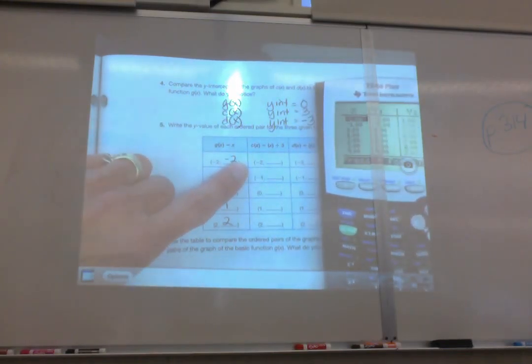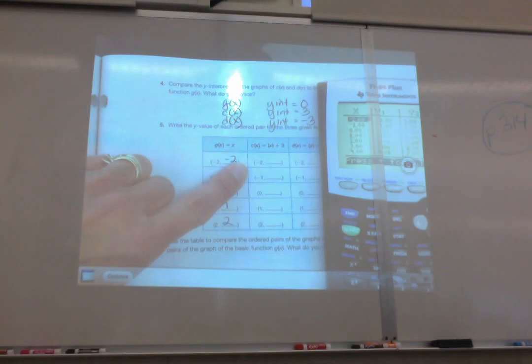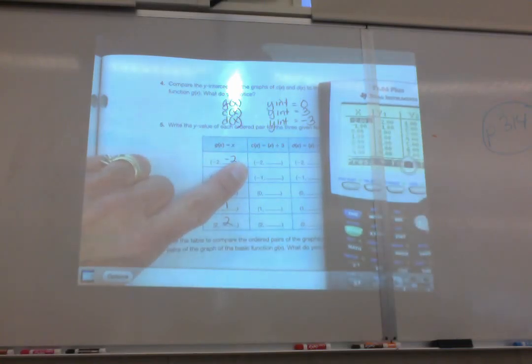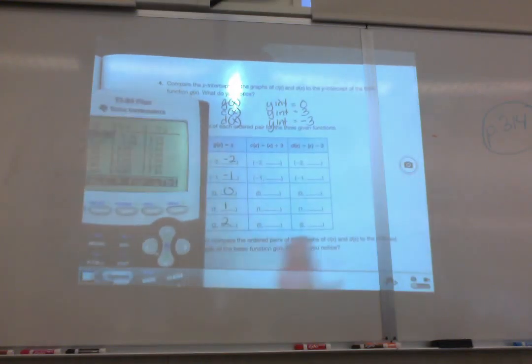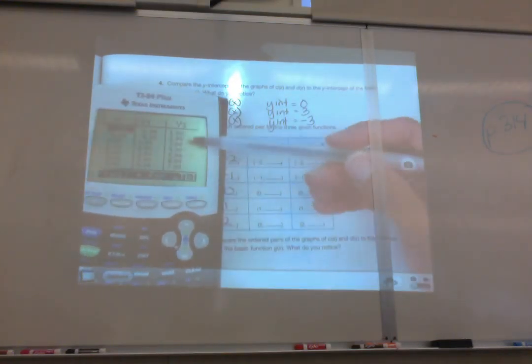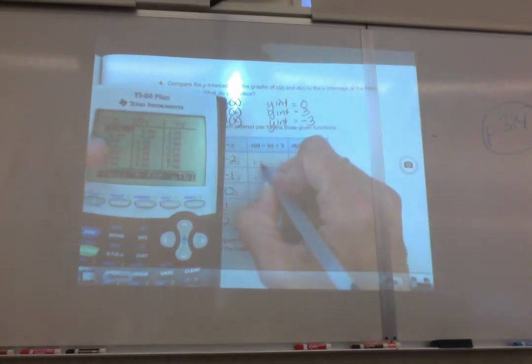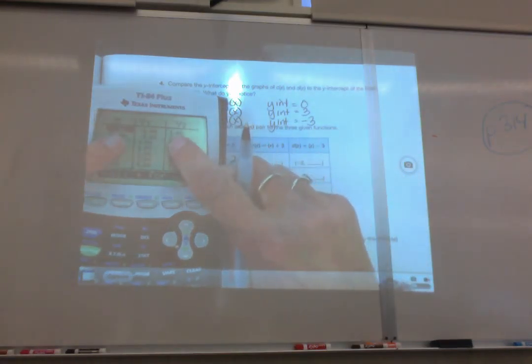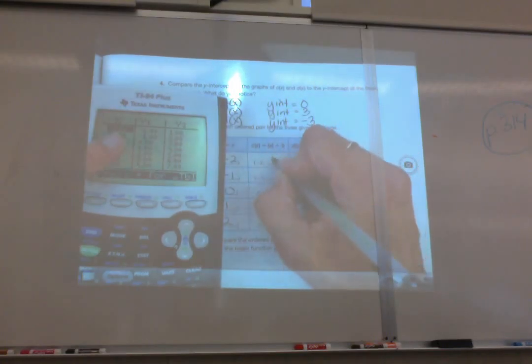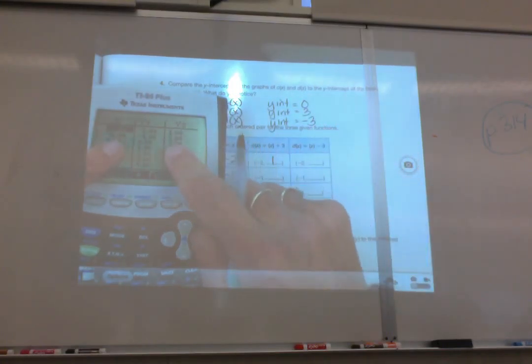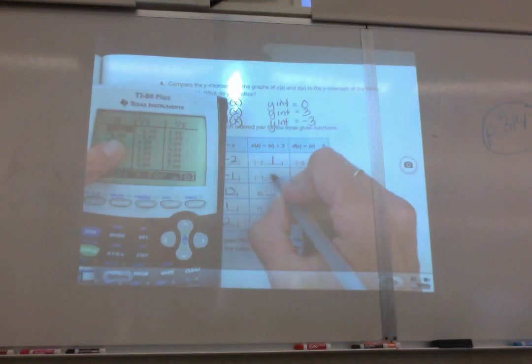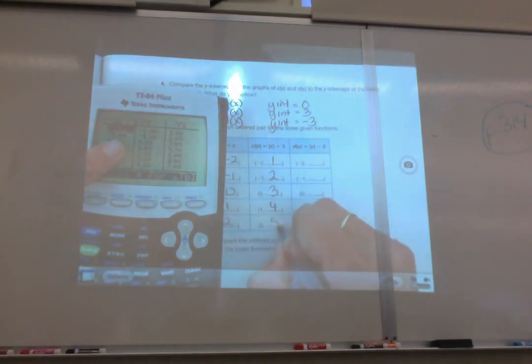Okay, now y2 is the c of x. That doesn't look right. Oh no, here we go. There we go. I see y2 over here. Maybe I'll put it on this side now. y2 is the c of x values. So at minus 2 for x, y2 equals 1. At minus 1 for x, y2 equals 2. 3, 4, 5.